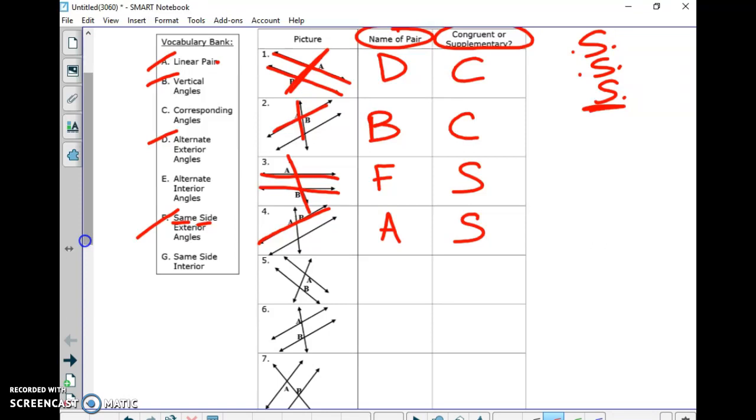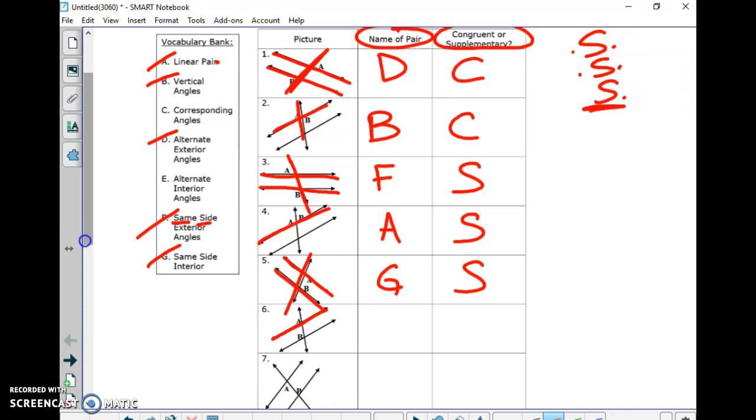Number 5, A and B are between the parallels, so those are interior angles. And A and B are on the same side of the transversal, so that would be same side interior. Since it says same side, we know it's supplementary. Same side, supplementary. Okay, now number 6 is the weird one.